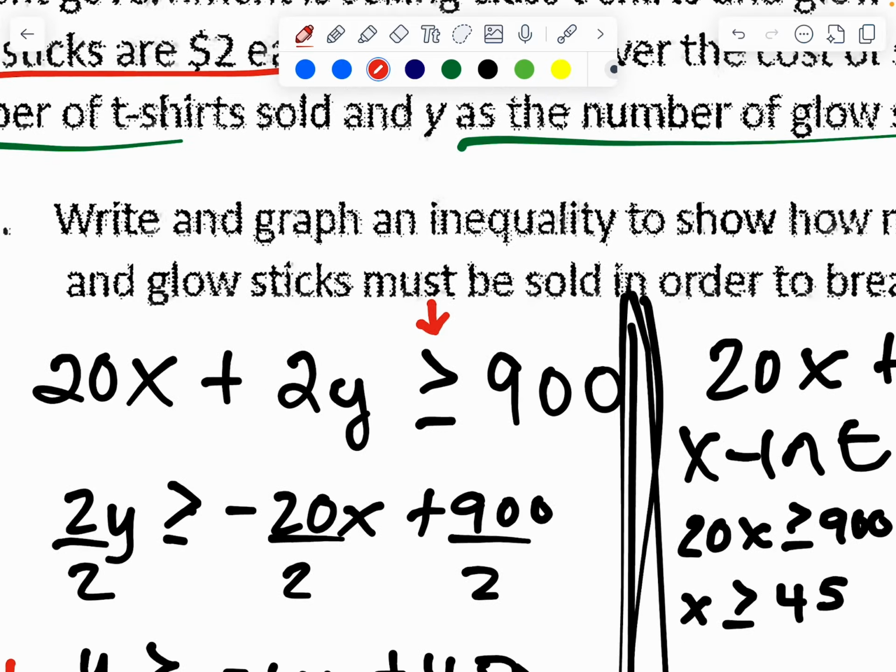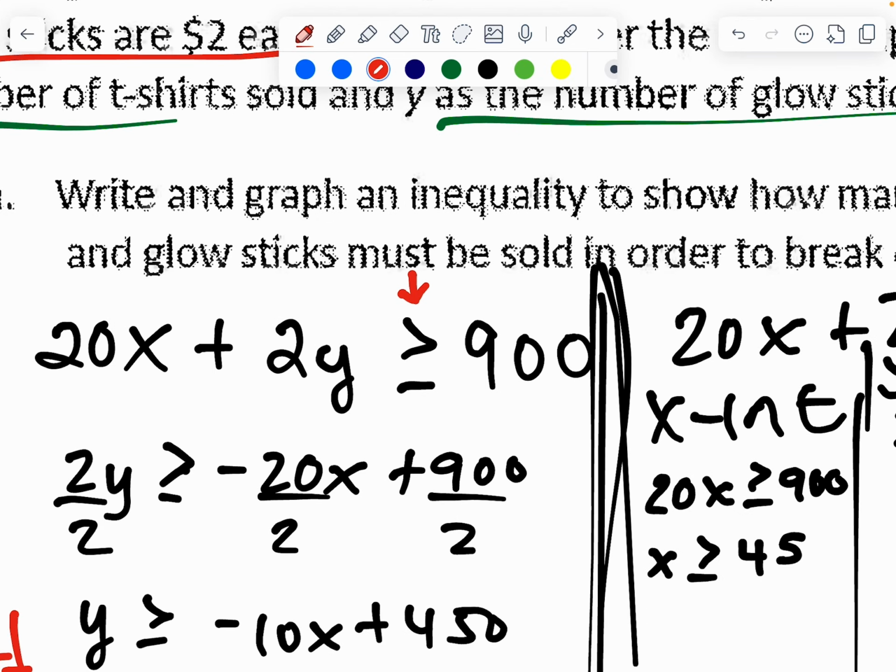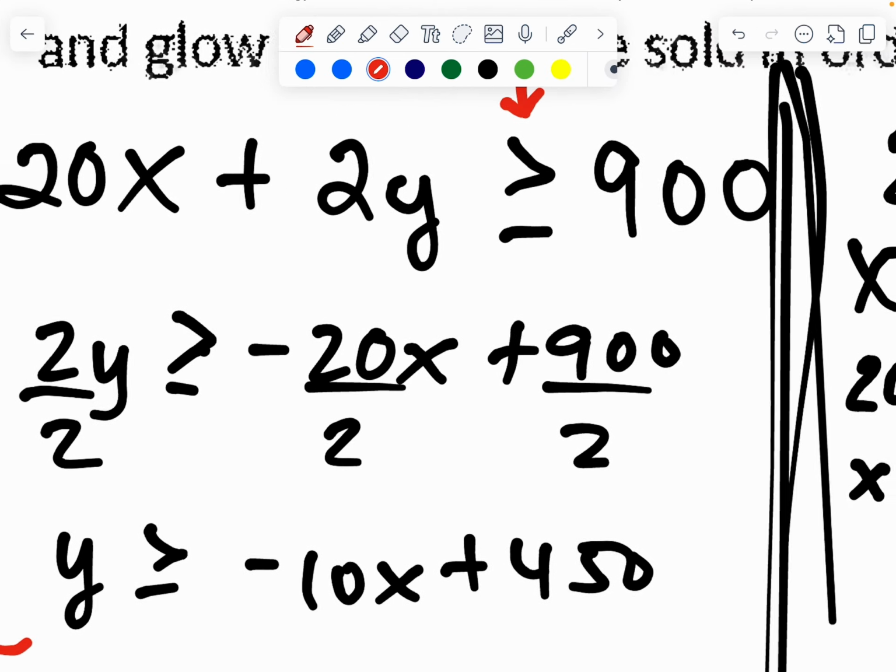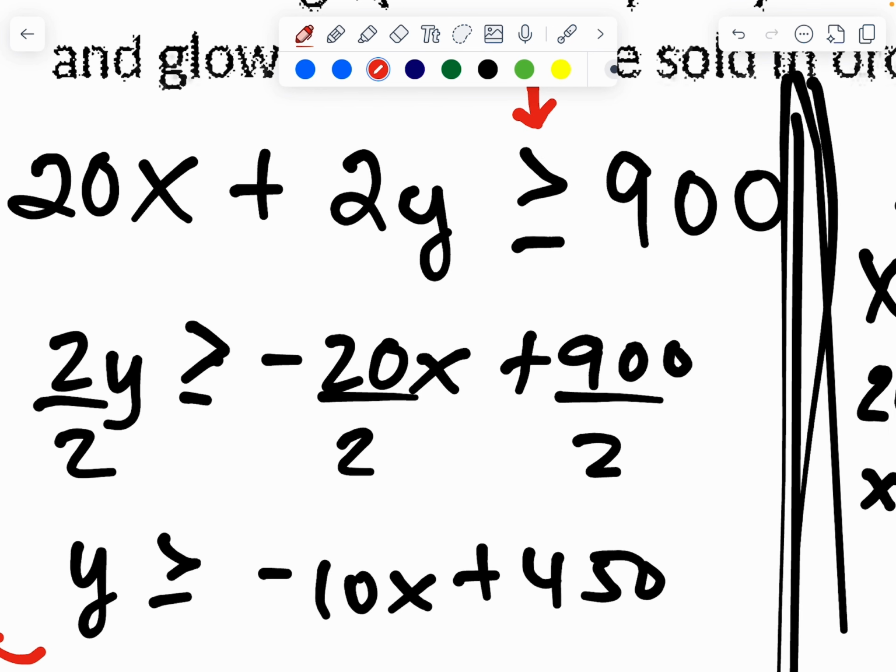However, when I solve it, I get y is greater than or equal to negative 10x plus 450. But if you look over at your graph, negative 10x is not on there. We can't go down 10 and over 1 because the graph is counted by 50s on the y-axis and by 5s on the x-axis.